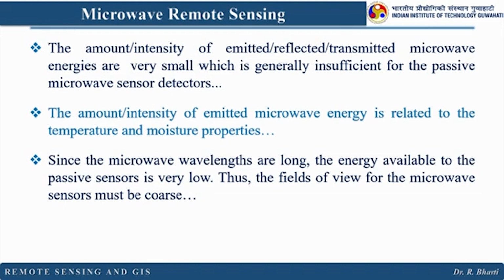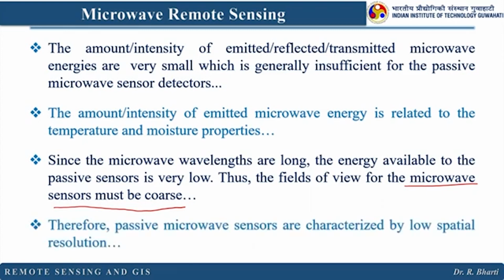Thus, the field of view for the microwave sensor must be coarse. That is the reason we have coarser resolution even in thermal remote sensing. Now in passive microwave remote sensing, again the pixel size will be larger, which indicates low spatial resolution. Therefore, passive microwave sensors are characterized by low spatial resolution.